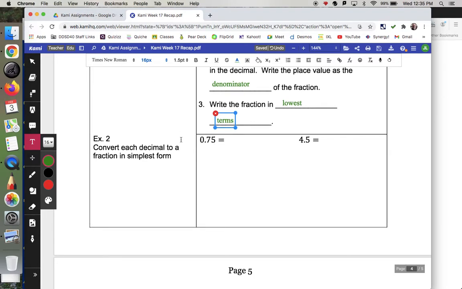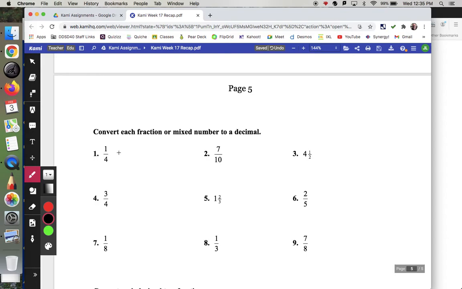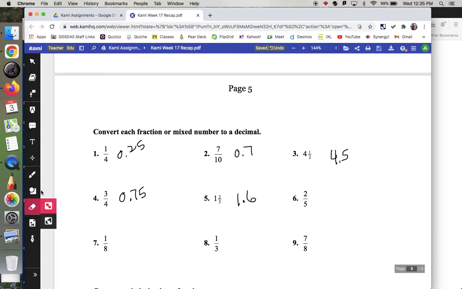So this is 75 hundredths. That simplifies to 3/4. This is 4 1/2. 0.25, 0.7, 4.5, 0.75, 1.6 repeating. Wow. Talk about repeating.